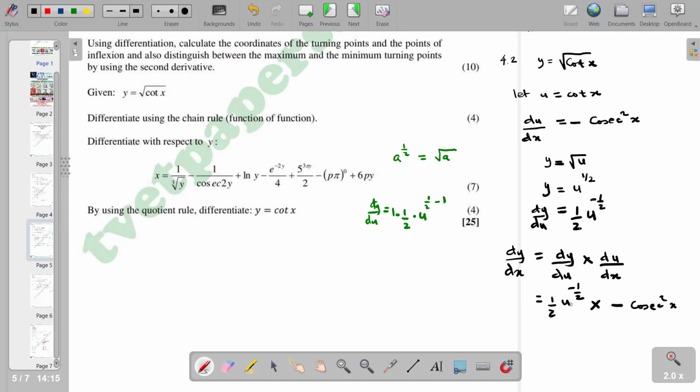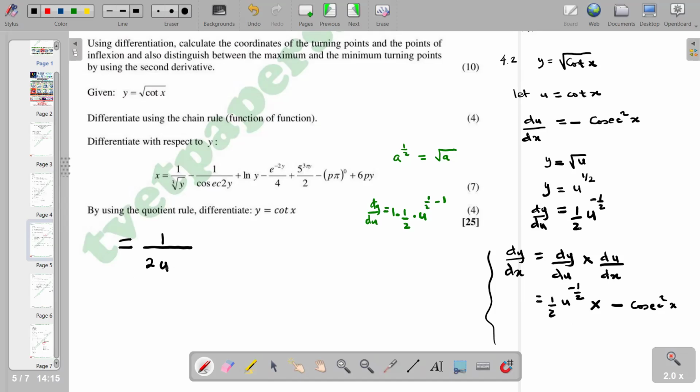So if we are to write this, it can be written as 1 over 2 u to the power half.